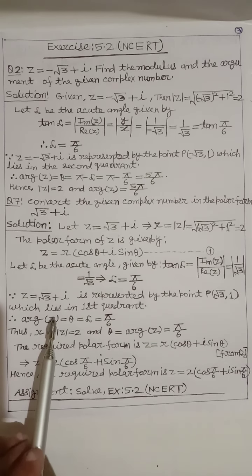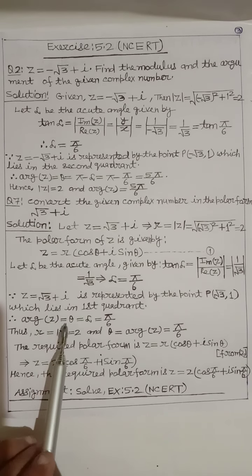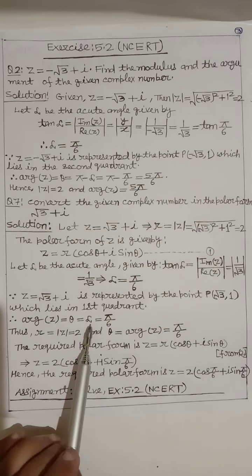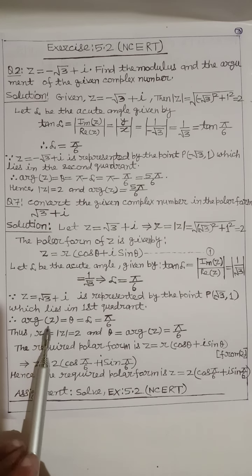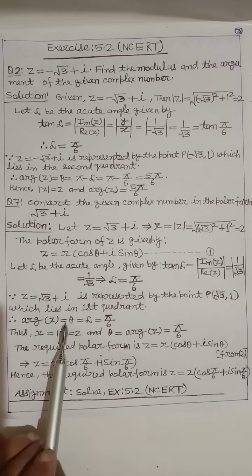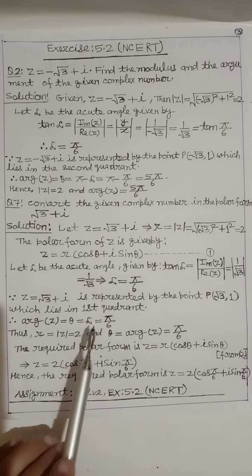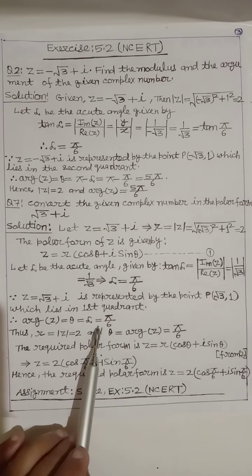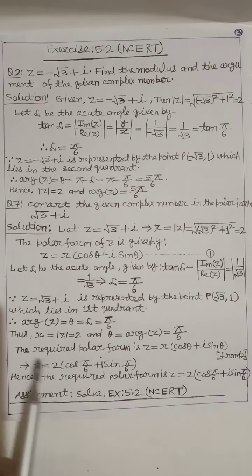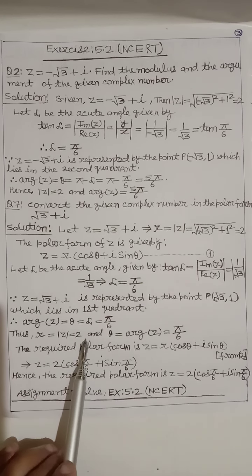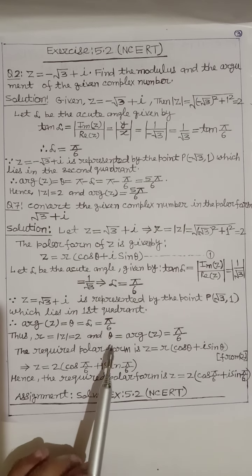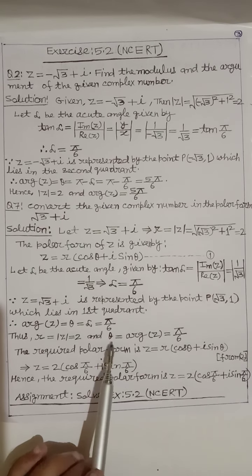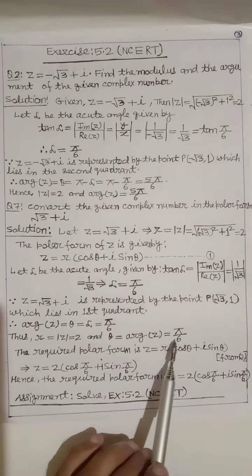And if the given complex number lies in the first quadrant, in that case theta is equal to alpha, meaning the argument of z or amplitude of the given complex number, theta, is equal to alpha, which we have discussed above, and this is equal to pi by 6. Thus, modulus of z is equal to 2, also denoted by r, and argument of z is equal to theta, which is equal to pi by 6.